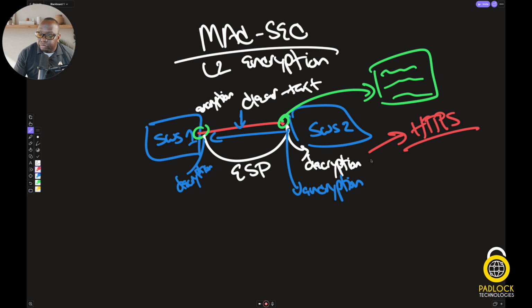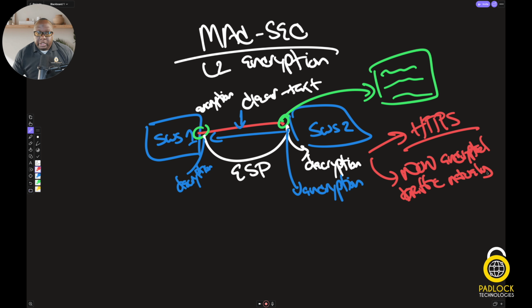So this technology is really for traffic that is not encrypted natively. So this can be SQL, this can be SNMP, or SMTP if you're not using S/MIME or something like that for the email.